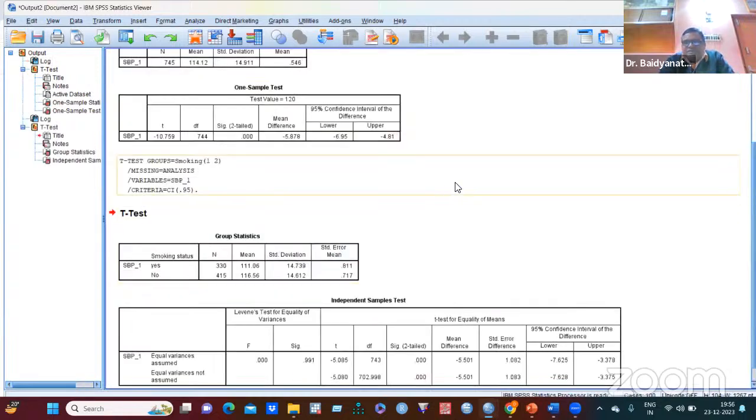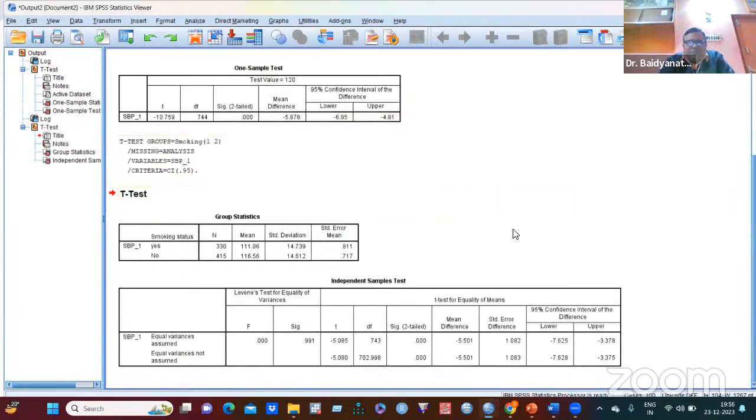So this is our output. Smoking status, that means yes and no. Yes is 330 and no is 415. The mean of the yes category is 117.06 and standard deviation 14.73, and the mean of the no category is 116.56 and standard deviation 14.61.